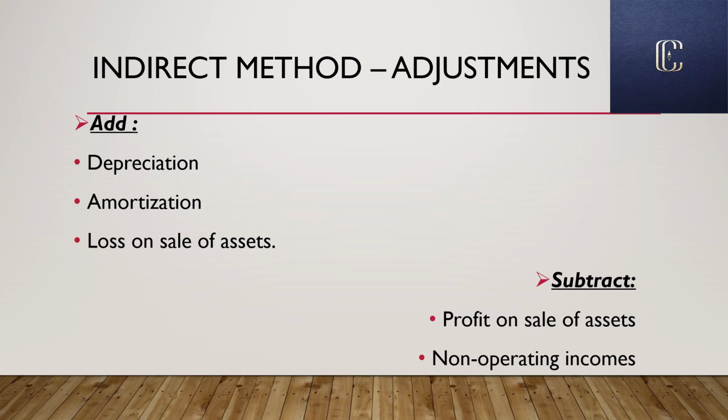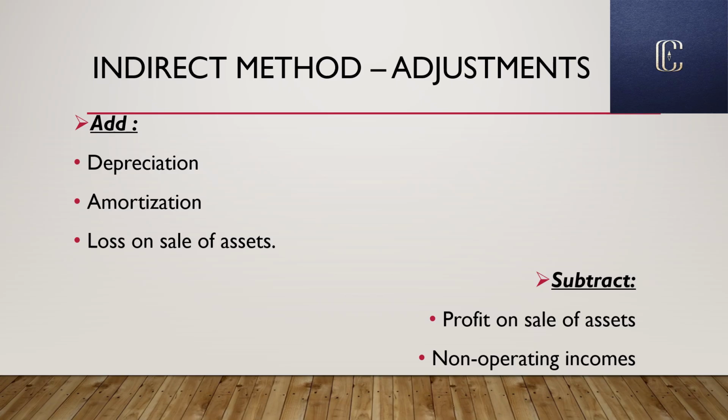The profit is 20,000 rupees. Profit increases the net profit, but this income is related to asset sale, not operations. Cash from the sale goes under investing activities, so we subtract the profit from the operating profit.